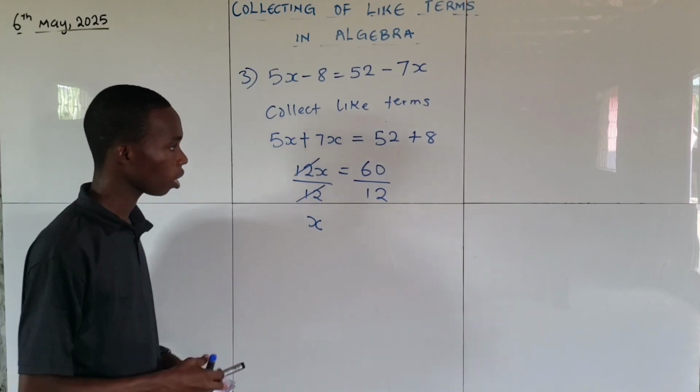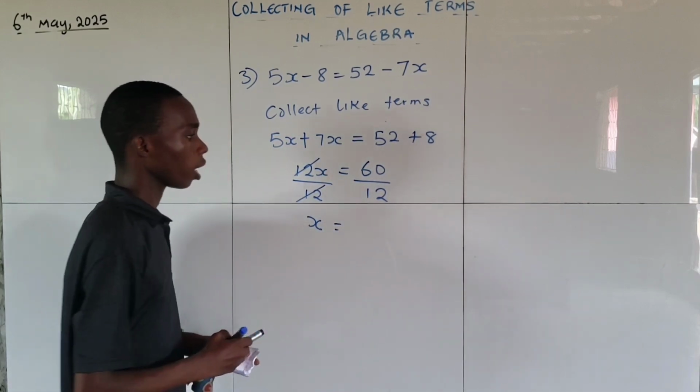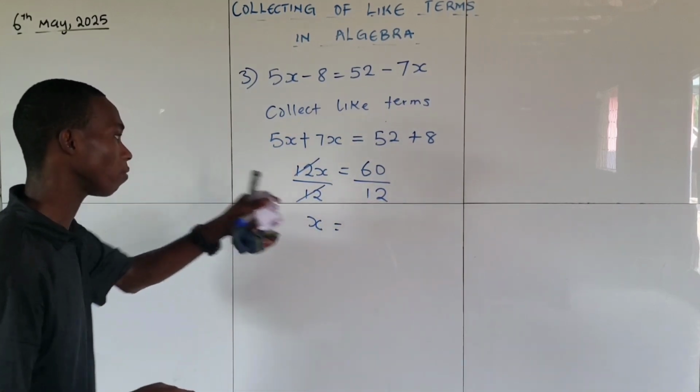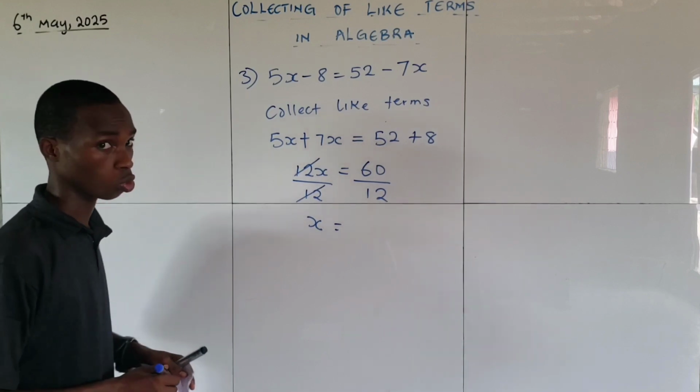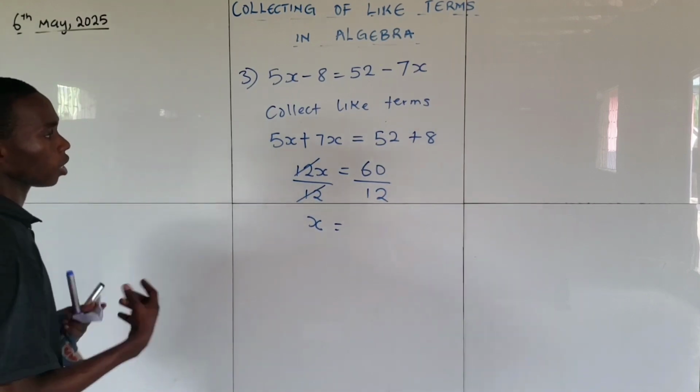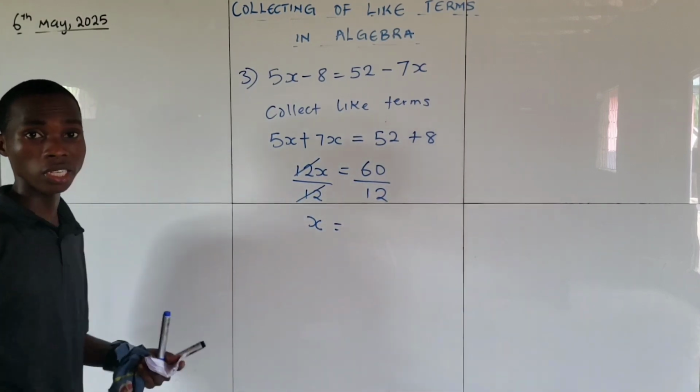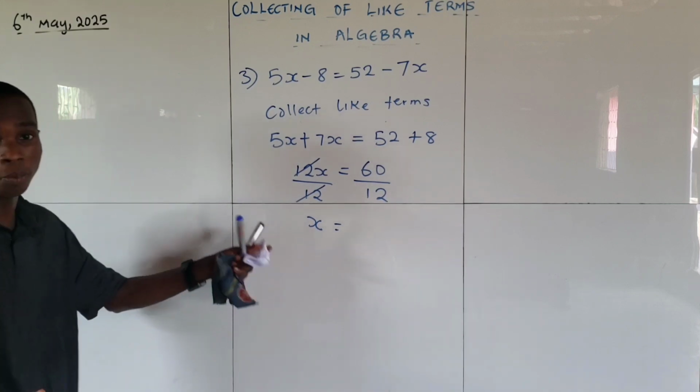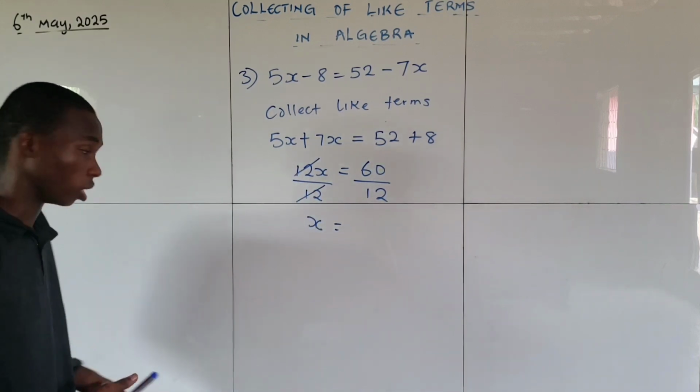So just x, which is equal to, and then we divide this. Now let's divide 60 by 12. In order for me to divide it easily, I will just count 12 up to 60 and stop.